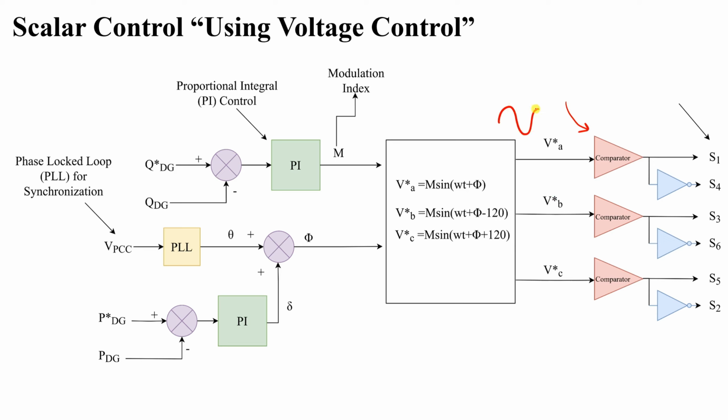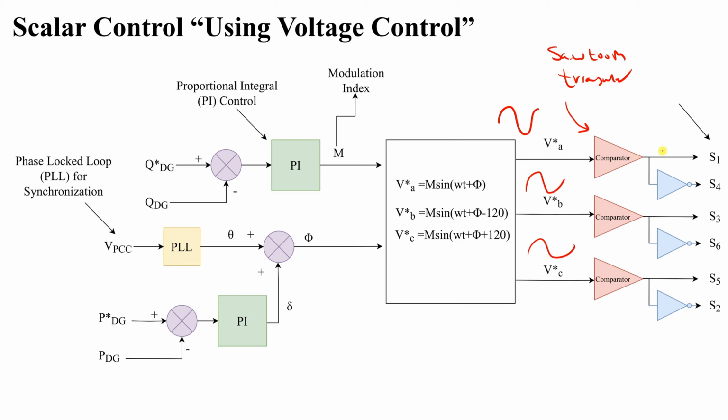Here we have one sine wave, another sine wave, another sine wave, shifted by 120 degrees. We take these three signals and compare them with another signal. For example, we can compare with a sawtooth, or we can compare with a triangular wave.